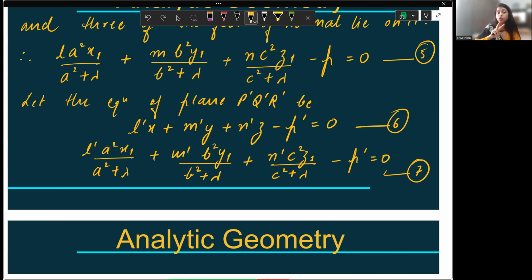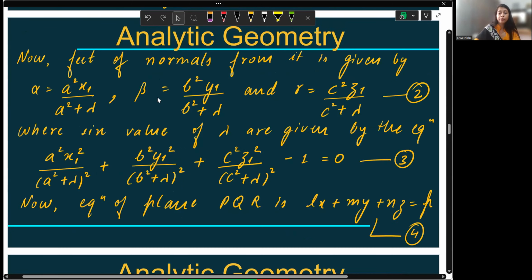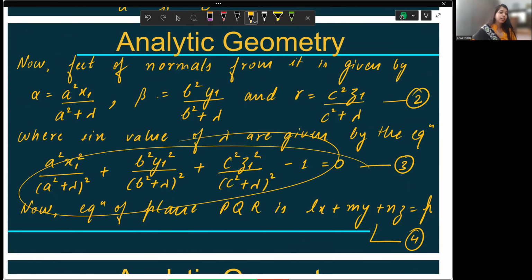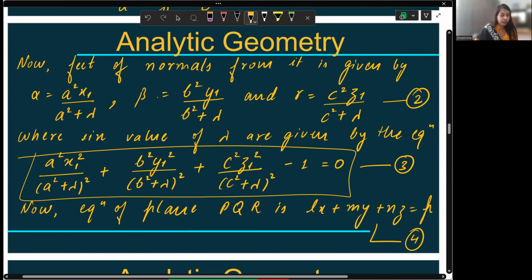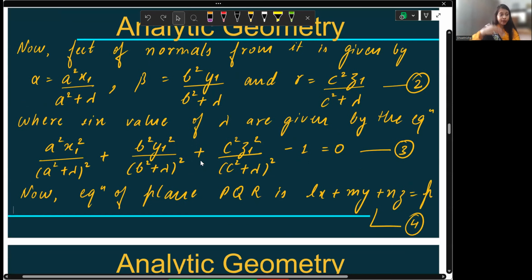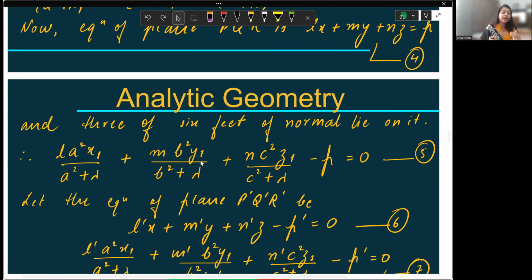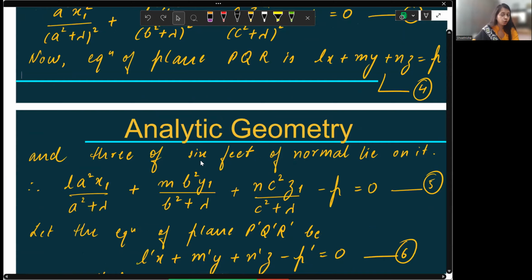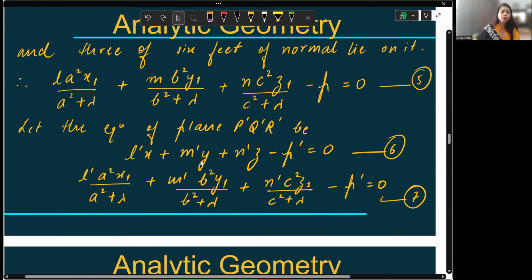And I know that those three values of lambda are actually given by this equation. This equation is giving me all the 6 values. So equation number 3, which gives me all 6 values of lambda, is separately given by equation number 5 and equation number 7. So if I multiply equation 5 and equation 7, that is exactly equal to equation number 3.